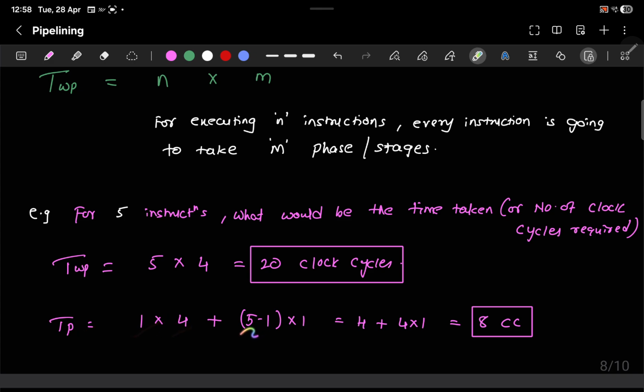After that, the remaining instructions, 5 minus 1, that is 4, will take only 1 clock cycle each. That is what I have written, 4 and 4. So 4 plus 4 is 8 clock cycles. You can clearly see the improvement. Without pipelining it is taking 20 clock cycles, and with pipelining it is taking 8 clock cycles. That is how pipelining improves the performance. Fine.